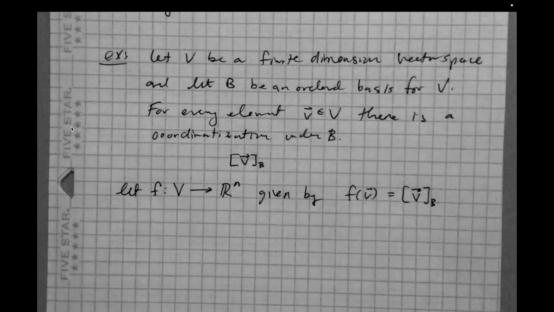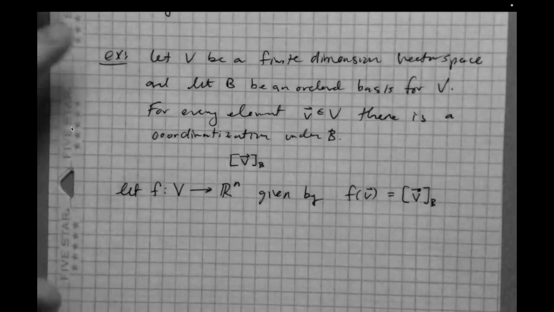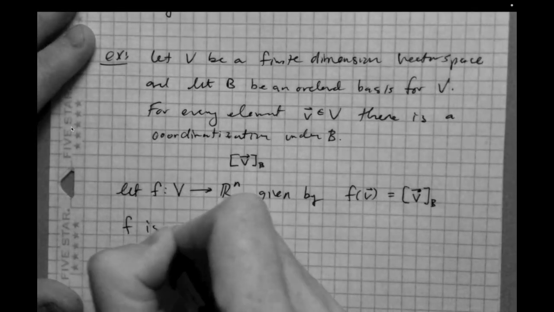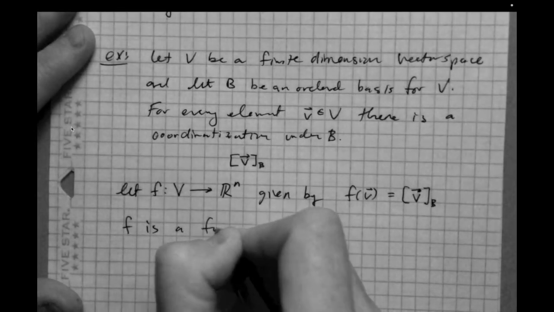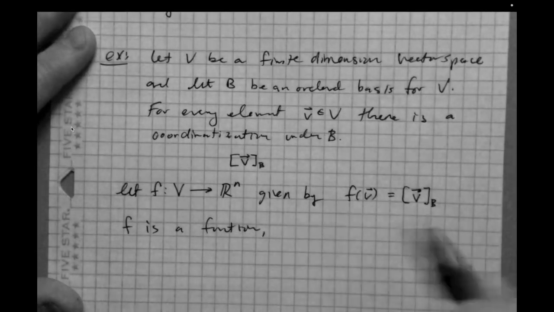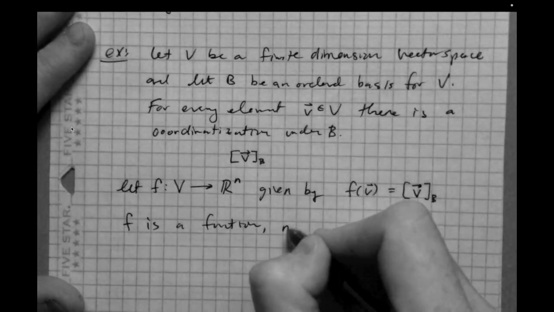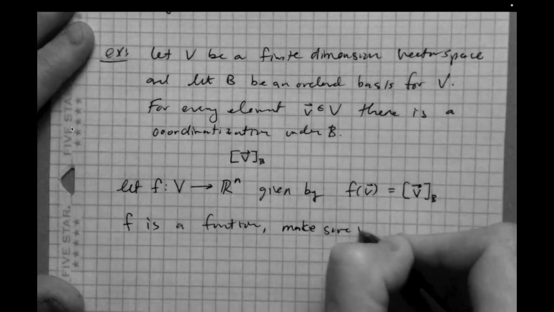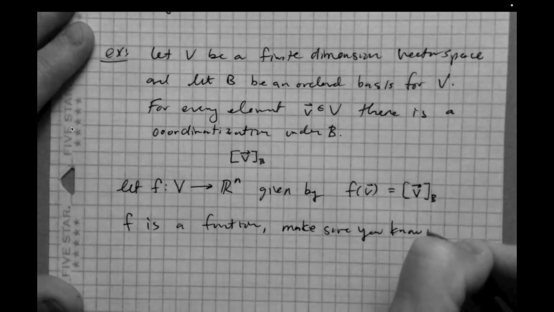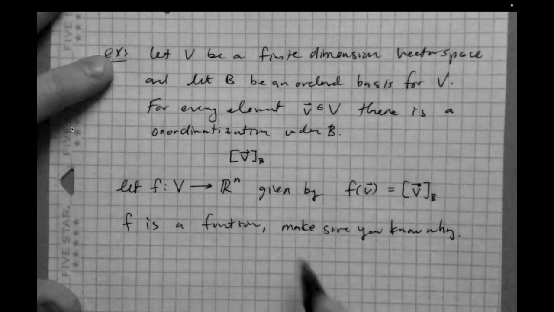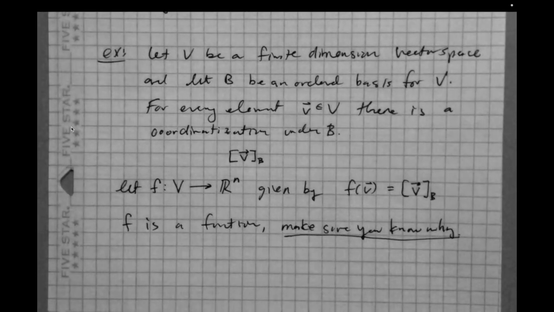Now, is it a linear transformation? Let's see. So we'll say f is a function. I'll write here, make sure you know why. That's important. I gave the explanation for why it's a function, but make sure that all makes sense to you.